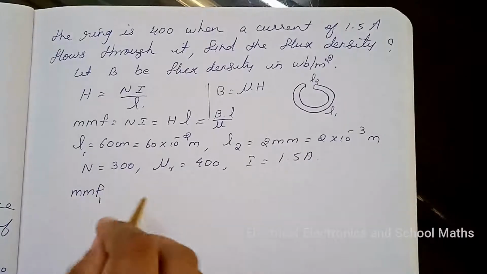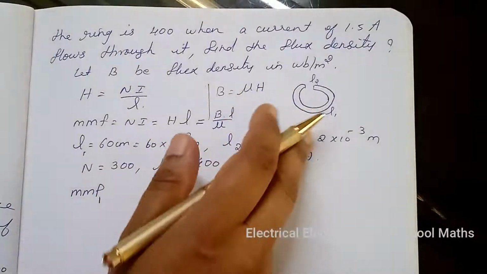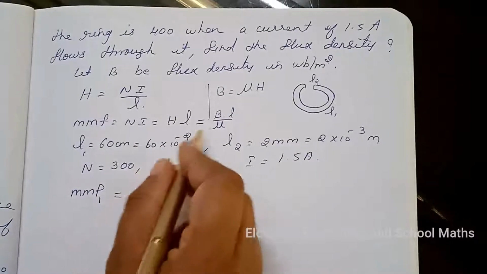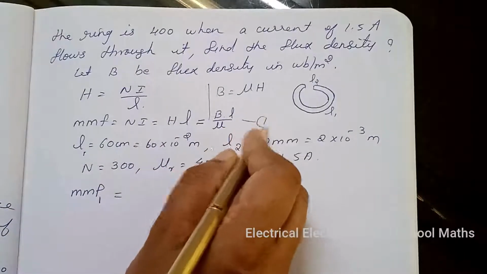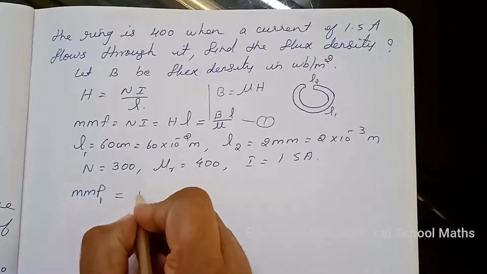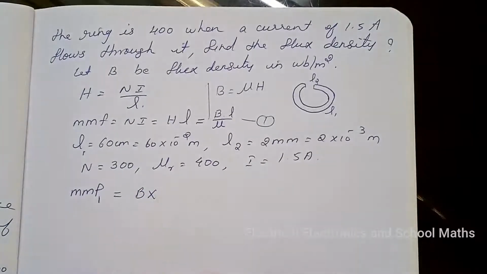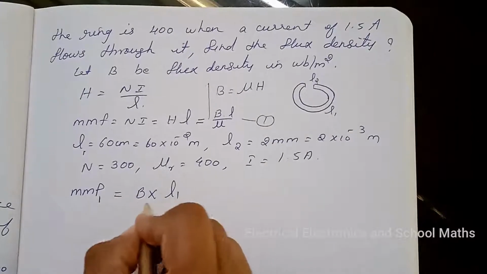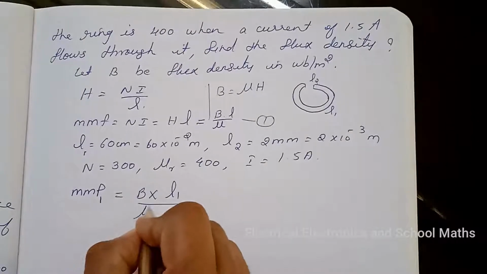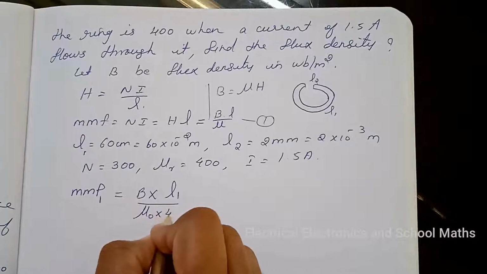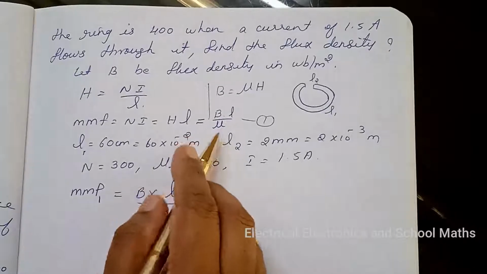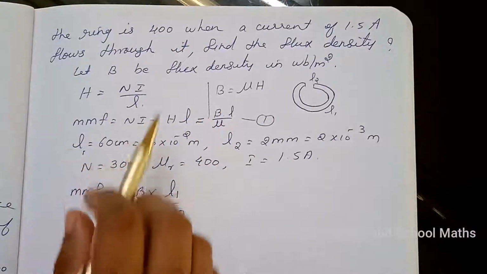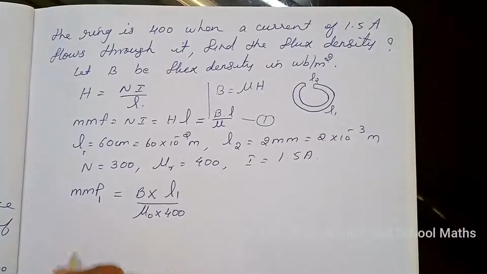Let mmf 1 be the mmf required for the iron ring, then that is given by, substituting in this equation, B into L1 divided by mu 0 into 400, that is mu is equal to mu 0 into mu r, and mu r of iron is given as 400.